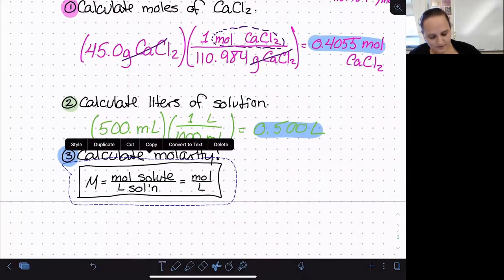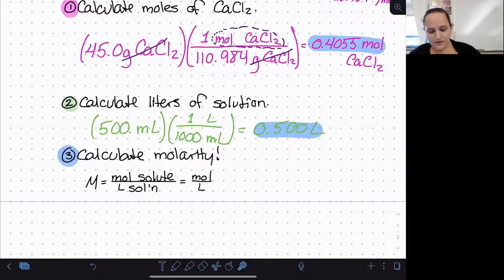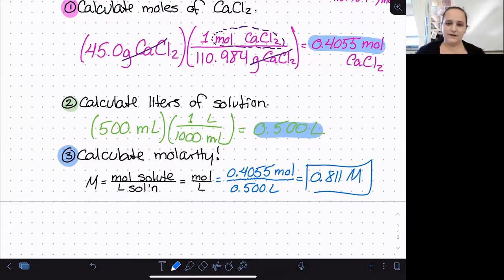So all we have to do is plug in our number of moles into the top, our number of liters into the bottom. So the molarity of this solution is going to be 0.4055 moles per 0.500 liters, which comes out to 0.811 molar. So our final answer is that there are 0.0811 moles in every liter of this solution.